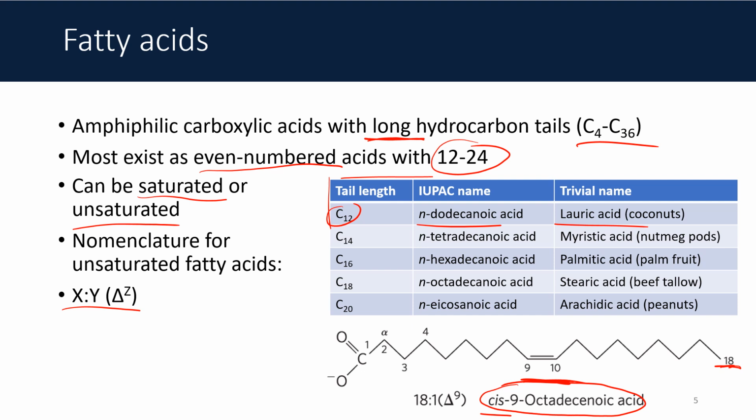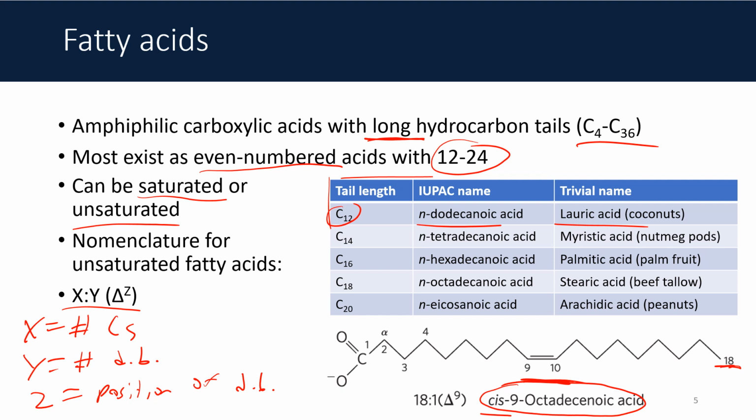X is simply the number of carbons. Y is the number of double bonds. And Z is the position of the double bonds along the main chain.